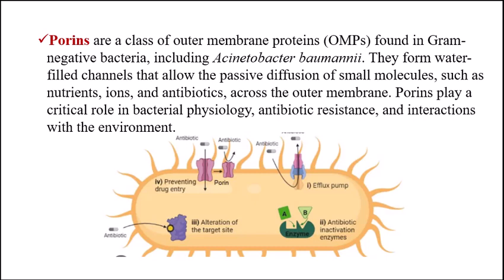No energy needed. Let's say that these porins are small open windows in a house. Good thing that food and air come in, waste goes out. But sometimes harmful things like antibiotics can also enter.